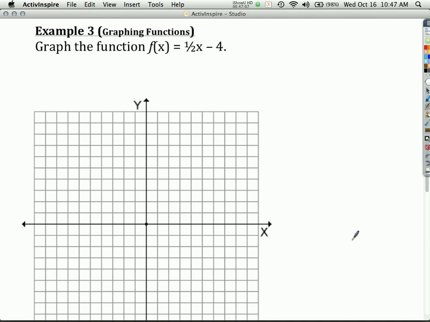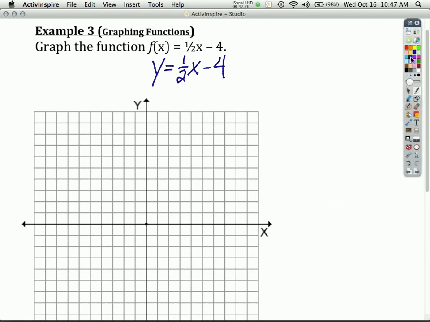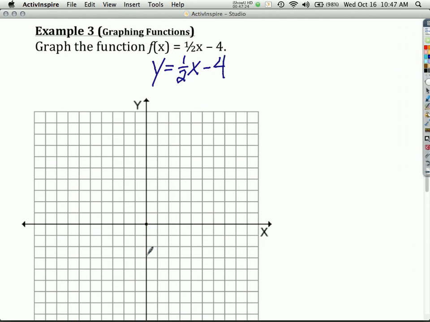Beautiful statement. Yeah, it's just y equals 1/2 x minus 4, which is slope-intercept form, and so this is incredibly easy to graph. It takes very little effort at this point. The y-intercept is -4, so we'll go 1, 2, 3, 4 down, and then we're going to rise 1 over 2, rise 1 over 2, rise 1 over 2, and then draw a line through it.